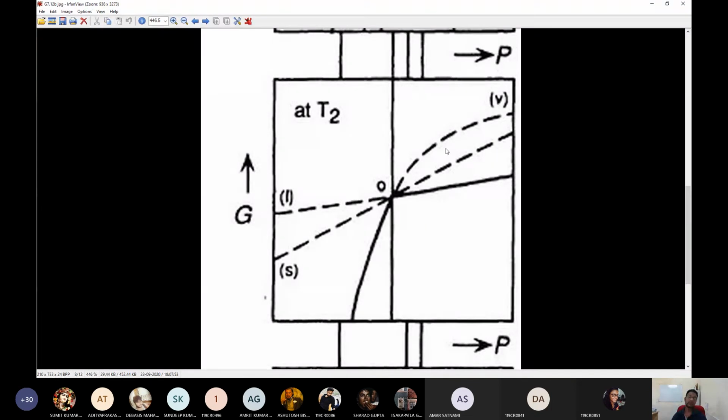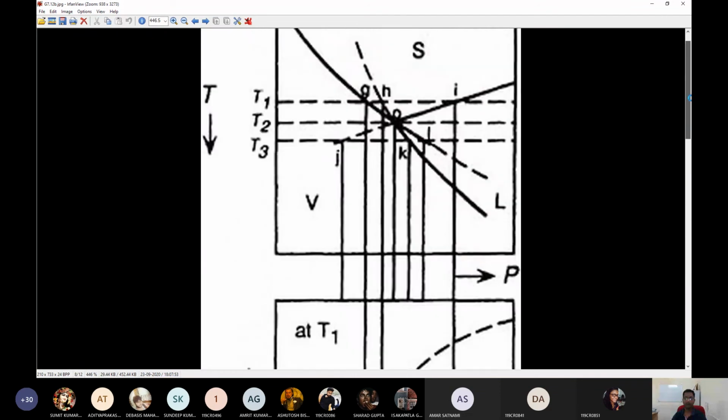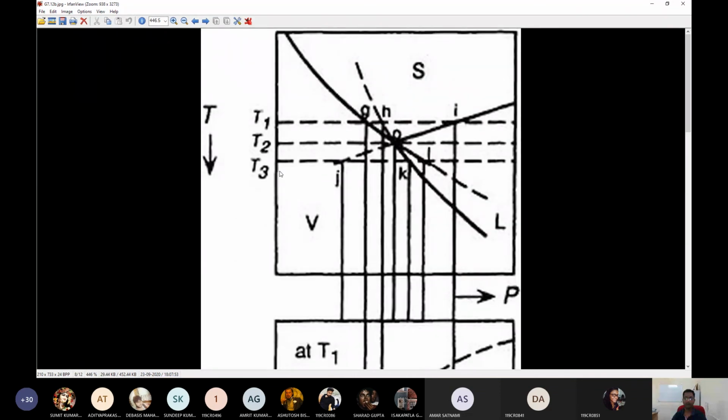And all of these free energy lines of vapor and the solid and liquid are going to be like this, where from PO and lower, it's the vapor phase which is more stable, and PO and higher, it's the liquid phase which is more stable, and PO is the point where all three phase free energy lines meet, as simple as that, which is indicative of T2. Likewise, you can draw about T3.